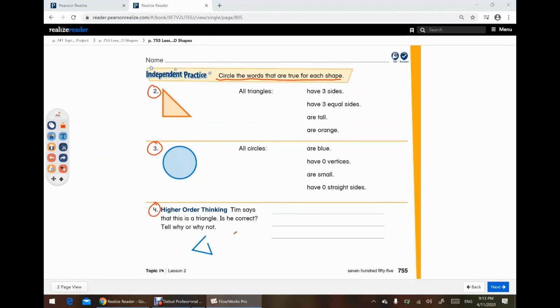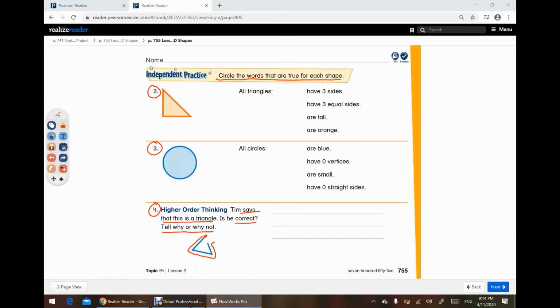Question number 4. Tim says that this is a triangle. Is he correct? Tell why or why not. Now, as you can see this shape over here, do you think it's a triangle? Yes or no? You have to explain why. This is what we learned, right? Place your finger here and then you move all the way here, then come up again, and you have to write whether it's closed.